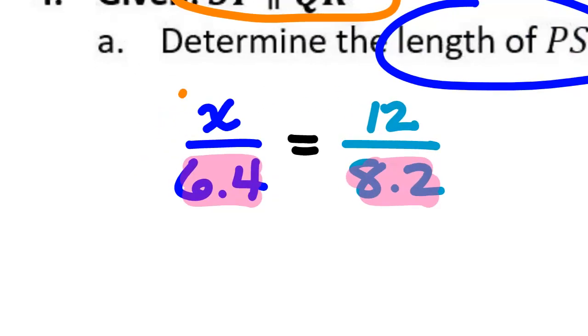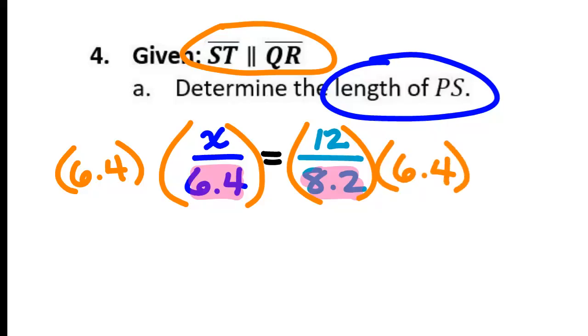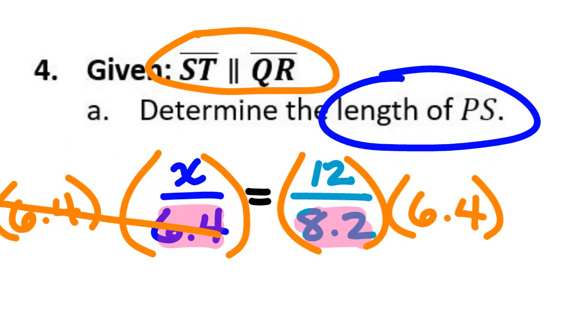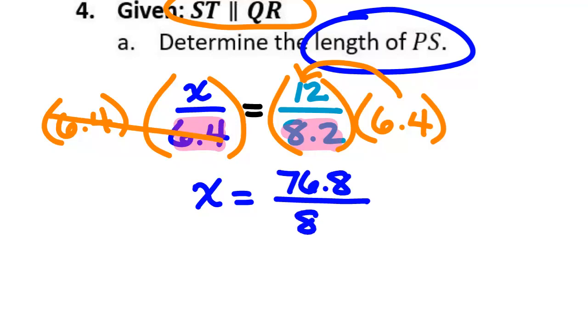All right. We're going to multiply both sides by our denominator of 6.4. So it cancels out over on the left. It only multiplies to the 12 in my numerator. So I have X equals, what is 12 times 6.4? 76.8 over 8.2.